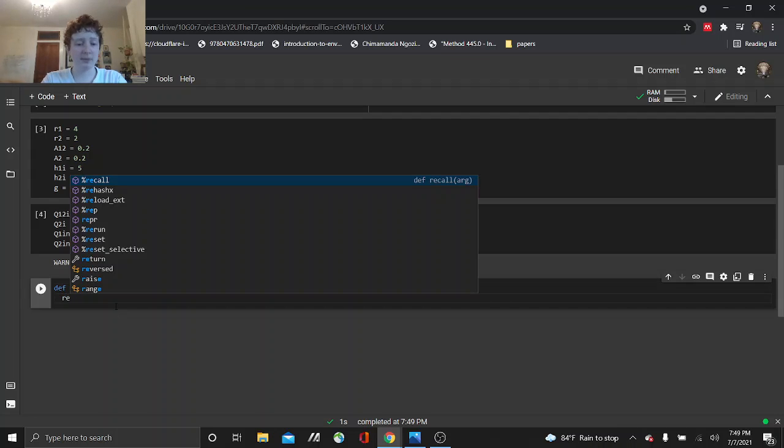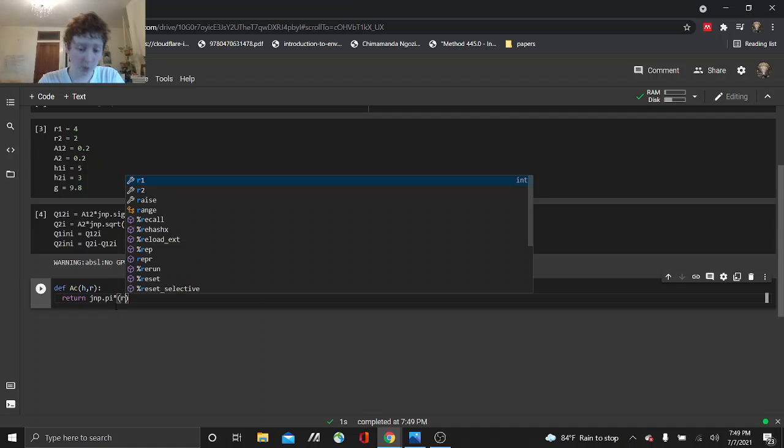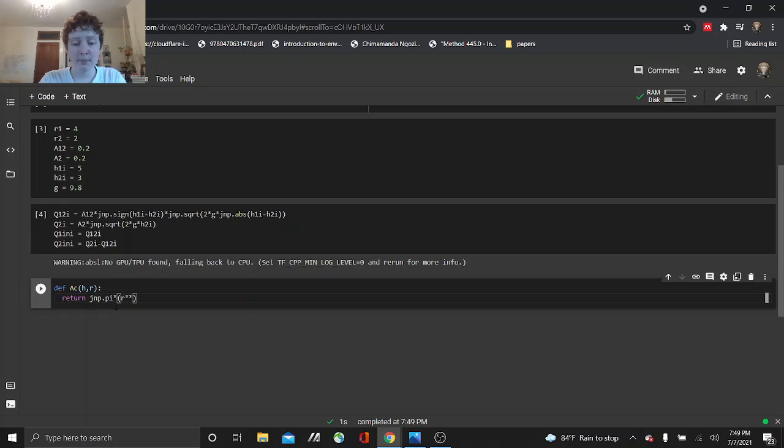This is something that I solved for in my previous video, and it is just going to be equal to pi multiplied by the radius squared minus the radius minus h, and that quantity squared.